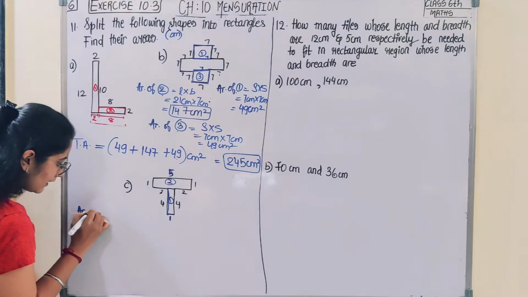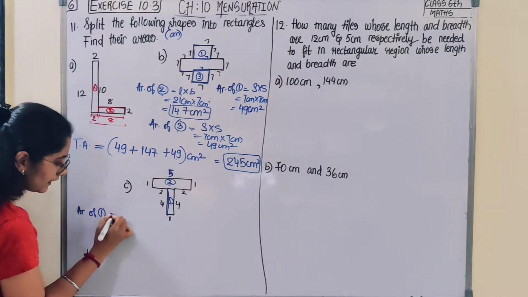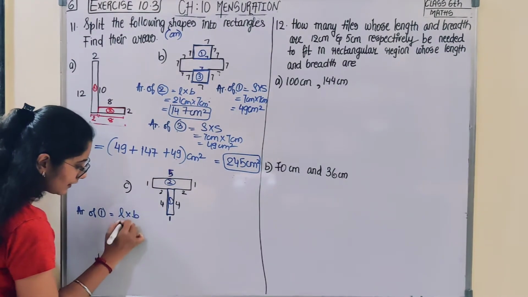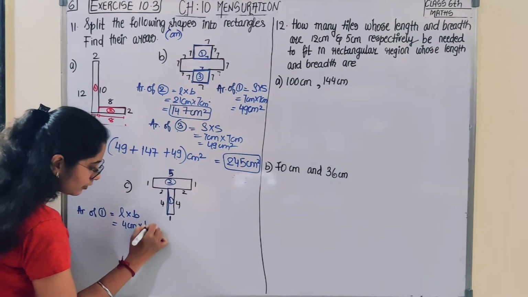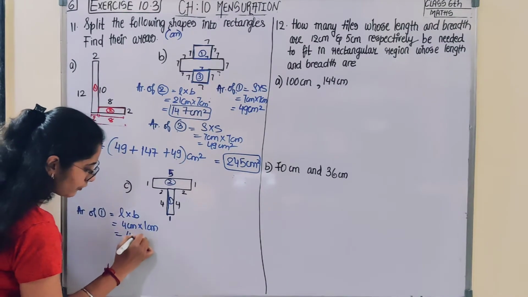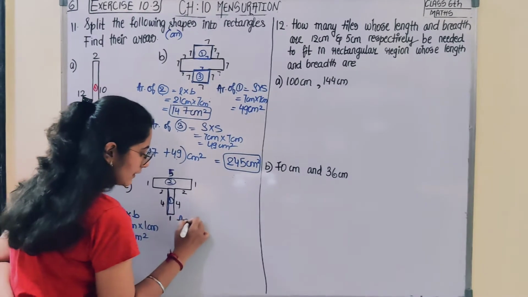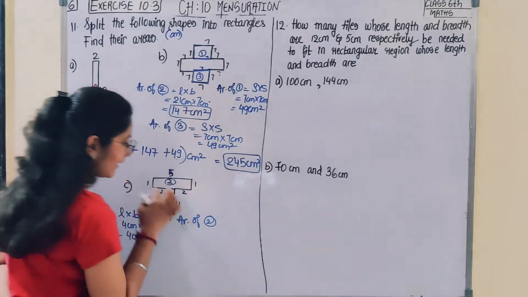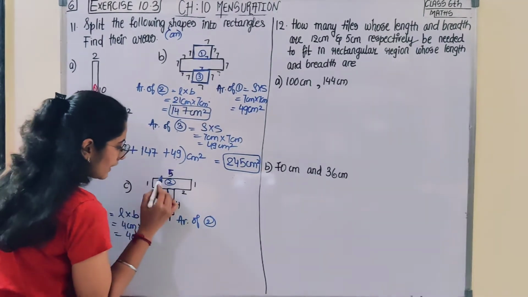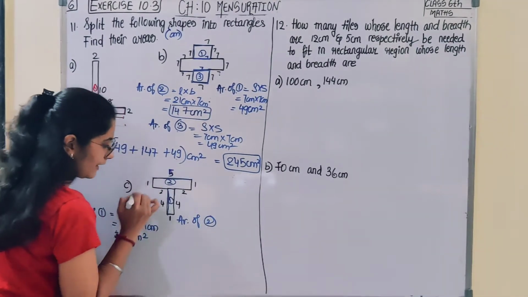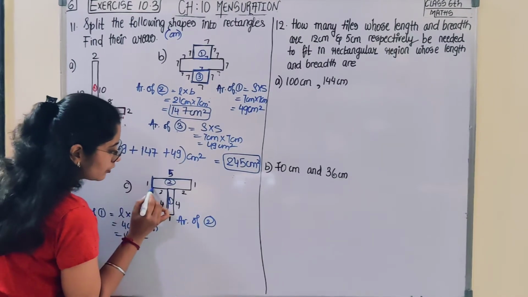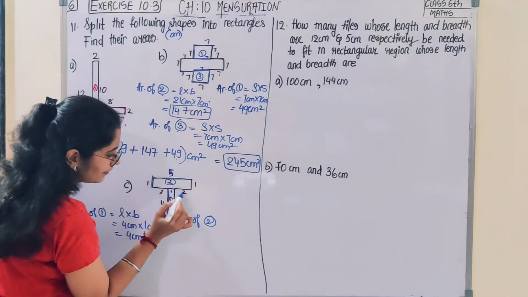So area of first figure is length into breadth, 4 centimeter into 1 centimeter, that is 4 centimeter square. Now area of the second rectangle. You see here this total is 5. This is 1. You see 2 plus 1 plus 2, 5.